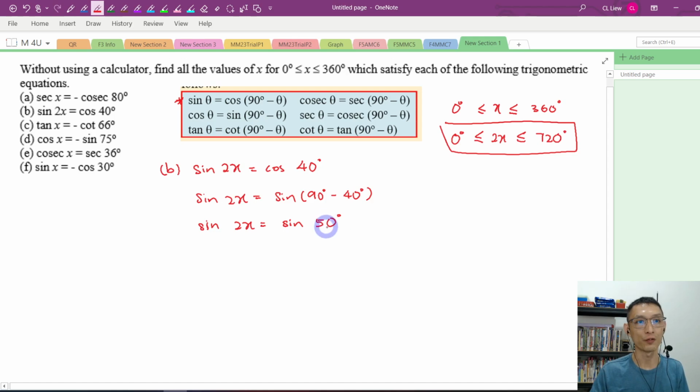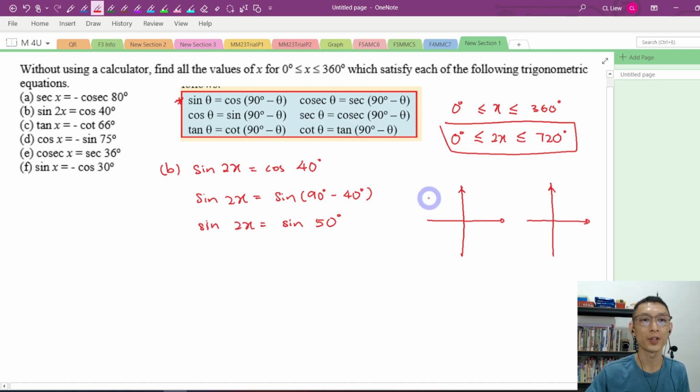Okay, so 50 degree is the reference angle according to the rules ASTC. And now you know that the sign here is positive, right? So ASTC. So it can be in the first quadrant or positive, the 50 degrees over here, or the second quadrant, sine positive.